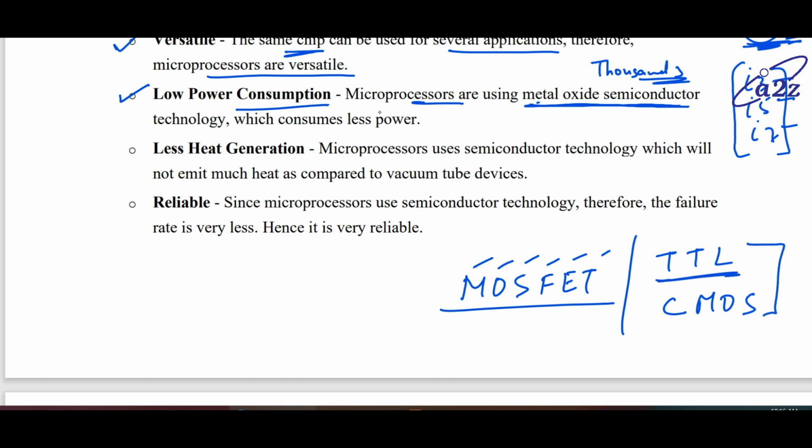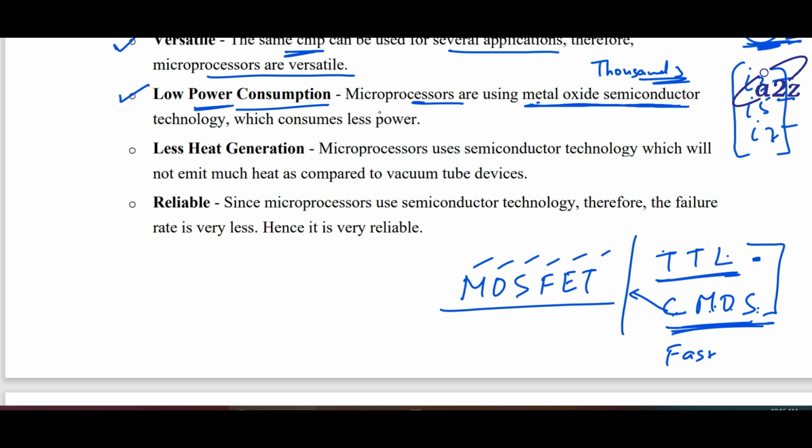Earlier we used TTL technology, transistor-transistor logic. Then the updated technology was complementary metal oxide semiconductor, CMOS, which is based on MOSFET technology. CMOS technology is very power efficient, and also very fast as compared to TTL.